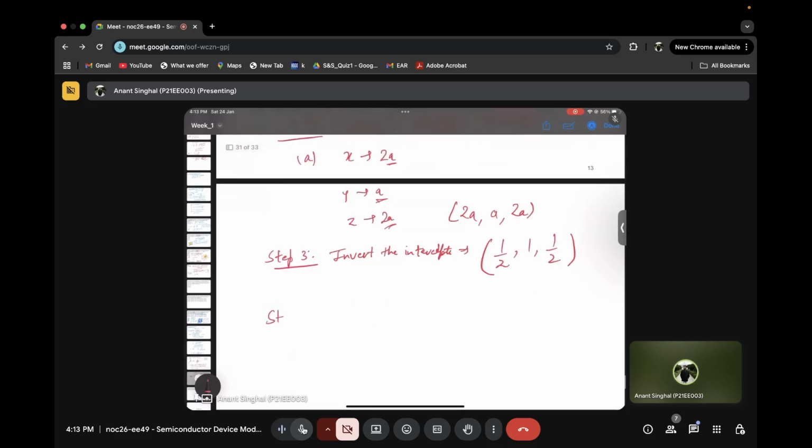I'm not writing a. Step 4, the last step, is to make it integer. You need to multiply by any number that will make all of these integers. If I multiply by 2, it will be 1, 2, 1. So this is the Miller index.